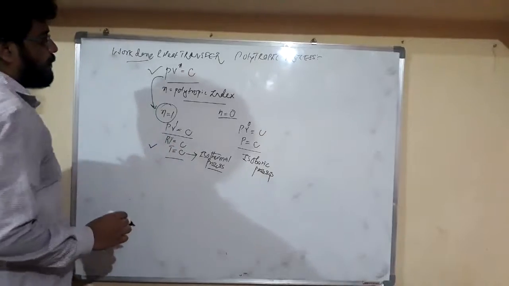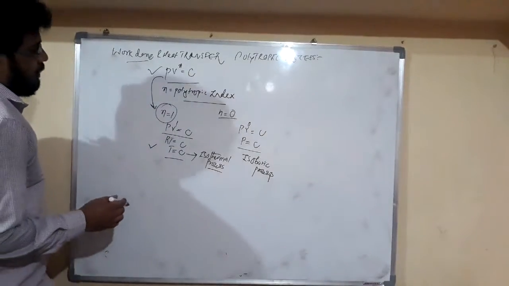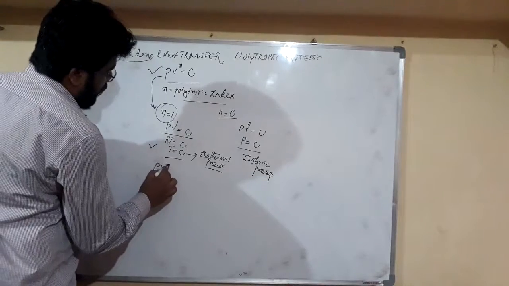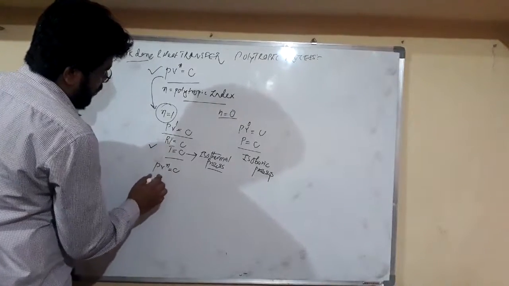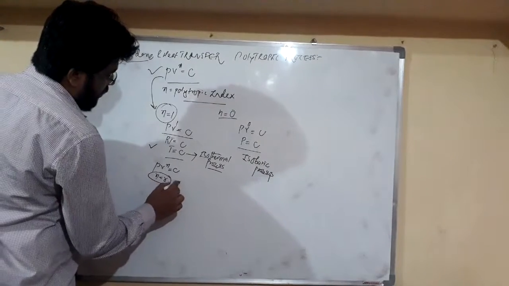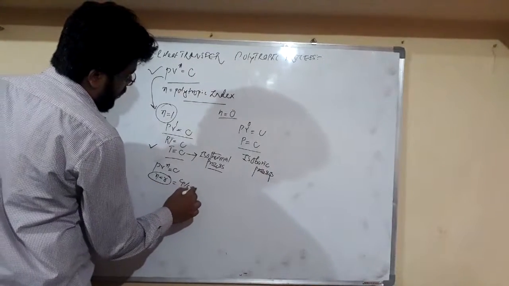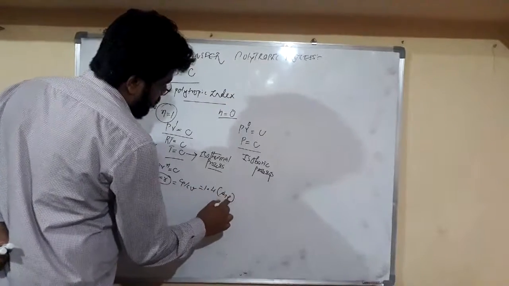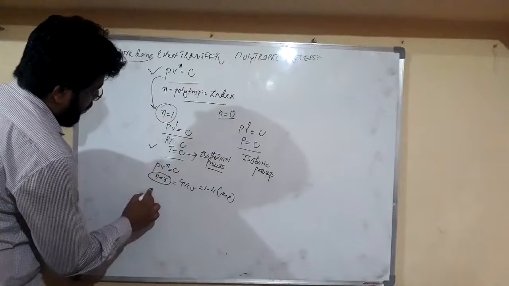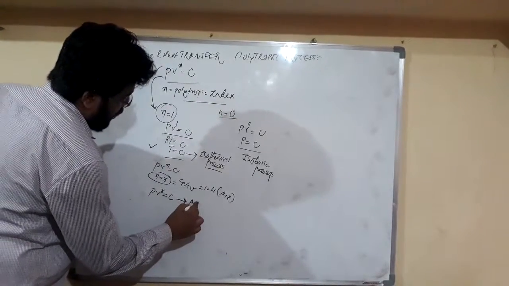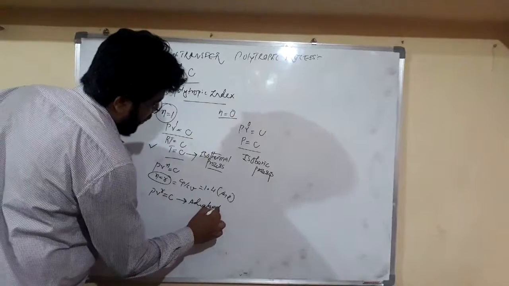Now friends, our adiabatic process, PV^n equals constant. For the adiabatic process, friends, n becomes equal to gamma. Gamma is equal to Cp upon Cv, and it is equal to 1.4 for air. So friends, PV^gamma equals constant for our adiabatic process.